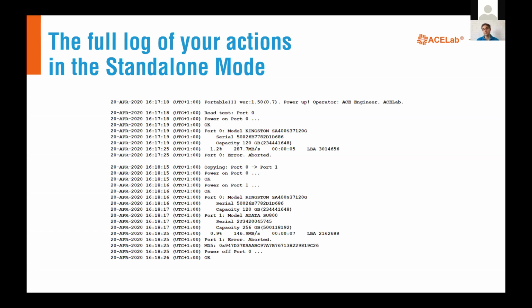We can download the log, we can analyze it and see what our engineer did with the drives when he worked in the field, which drive he connected, what he did with the data, did he erase it, or did he make a copy, and all this information will be visible for us.